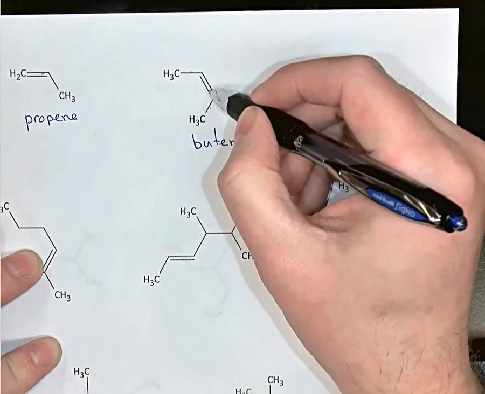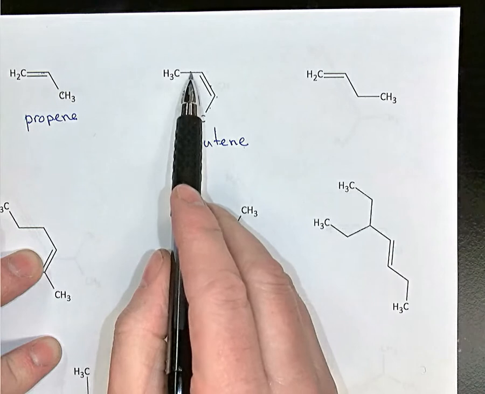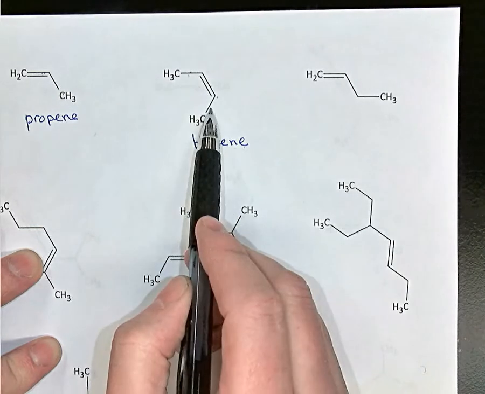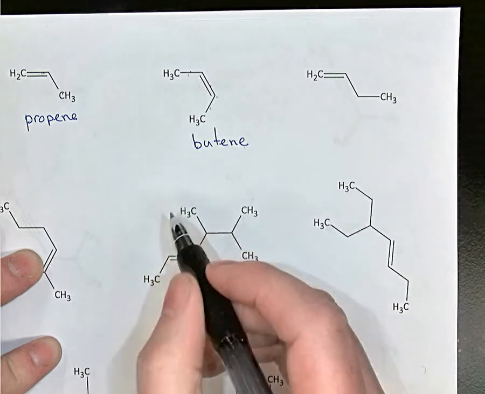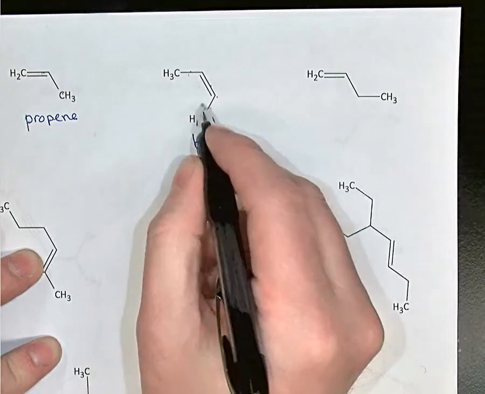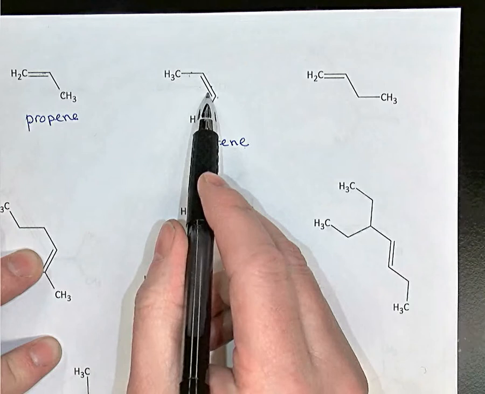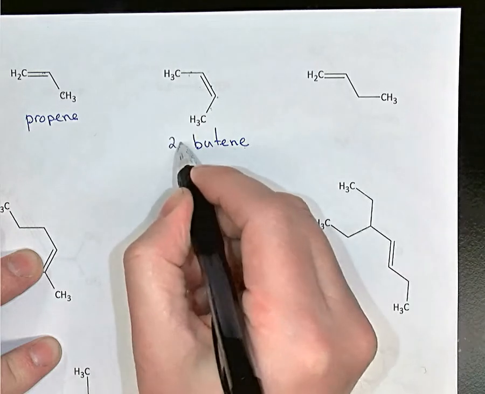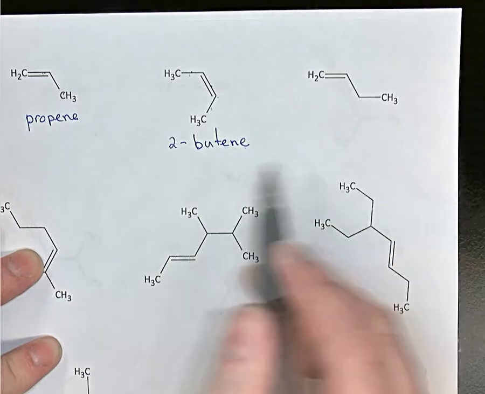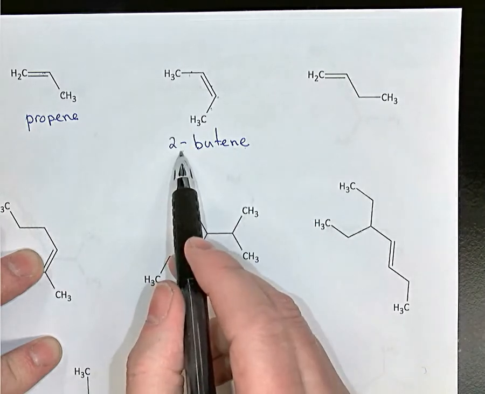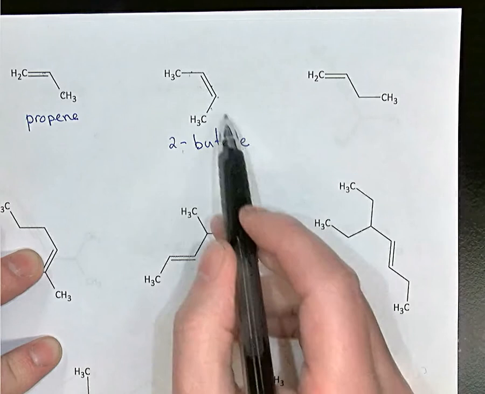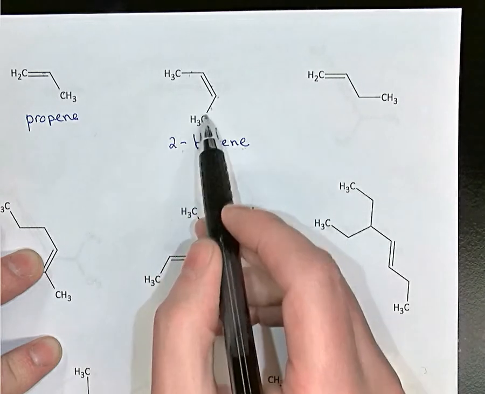So it's the second bond. But we could have put the double bond here or here, in which case it would be the first bond. So because there's two different ways to do it, we have to now tell you where we have this double bond. This one is the second bond, so we'll call it 2-butene. Okay, so this 2 is not referring to a carbon atom, it's referring to the bond that is the double bond. So the second bond in the molecule.